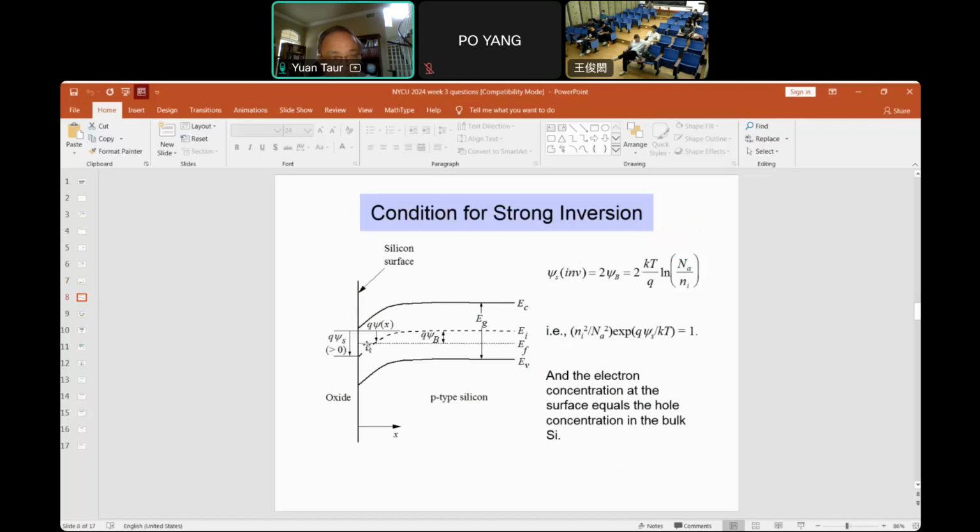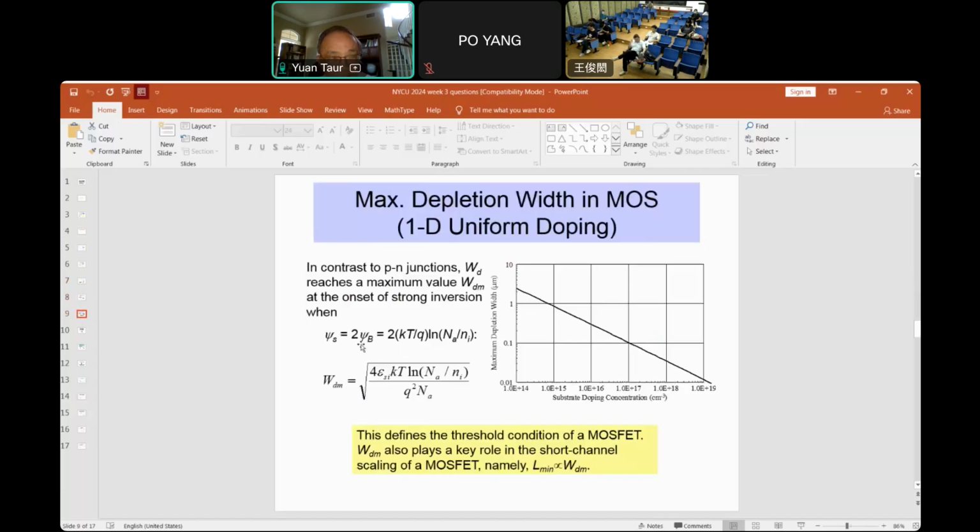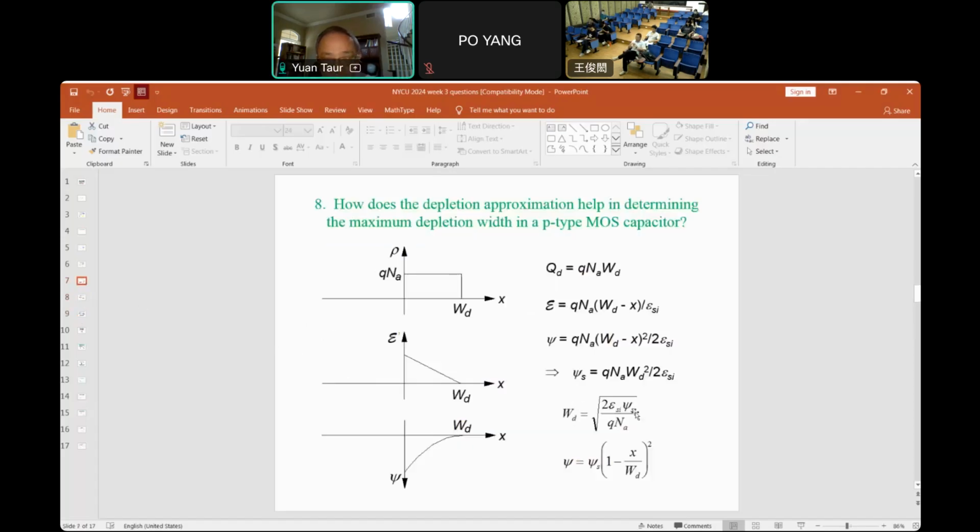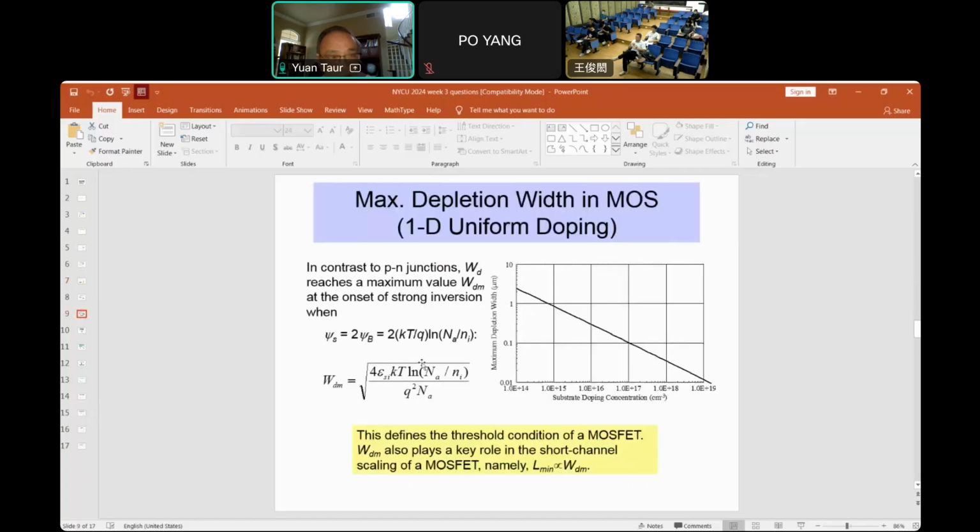Okay? And so in this case, we put this 2 psi B into the depletion width expression, with psi S equal to 2 psi B, where psi B is KT over Q log Na over Ni, so you get this expression.